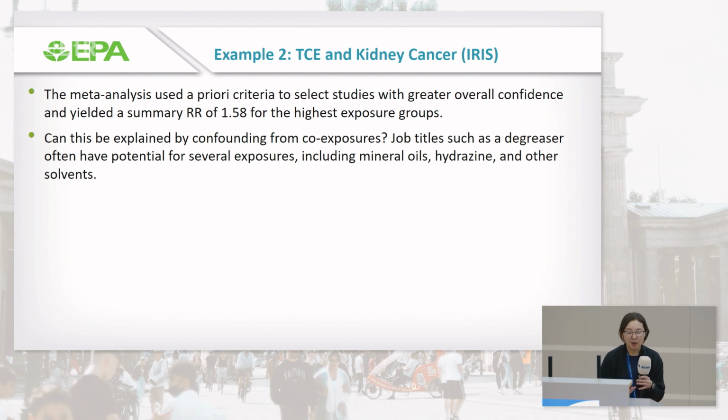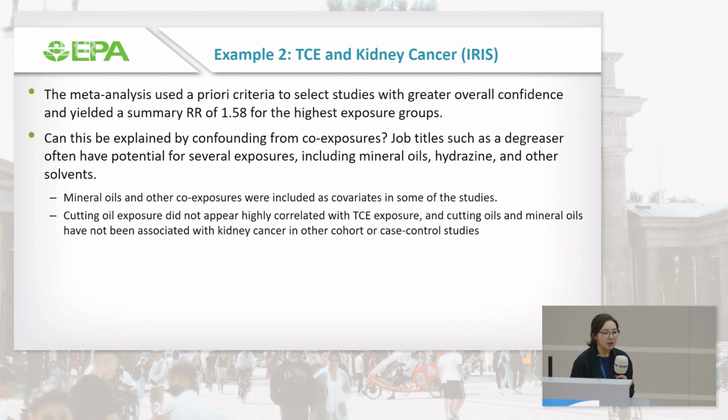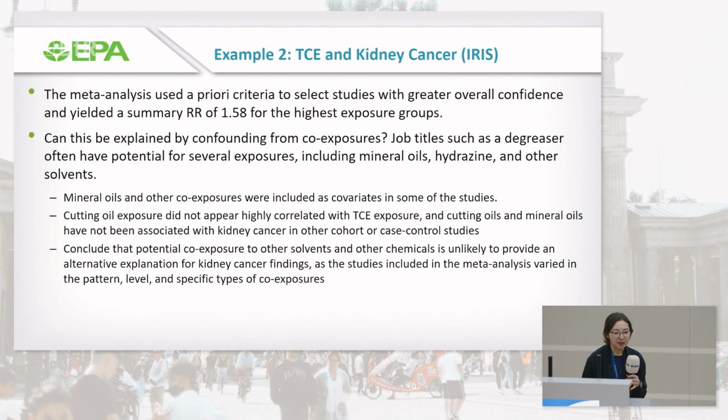So in a lot of the occupational studies, we have folks with job titles such as a degreaser, and that could convey potential for co-exposure to things like mineral oils, hydrazine, and other solvents. So there's a discussion in the TCE review about whether these co-exposures could be uncontrolled confounding that would be influencing the study and the overall risk estimates.